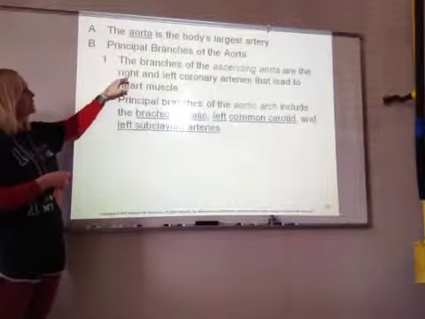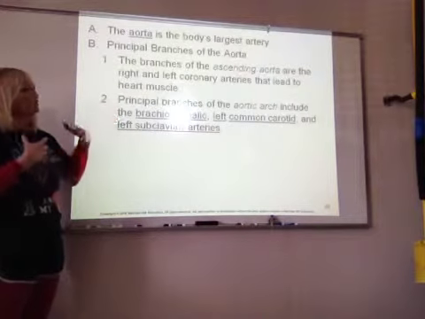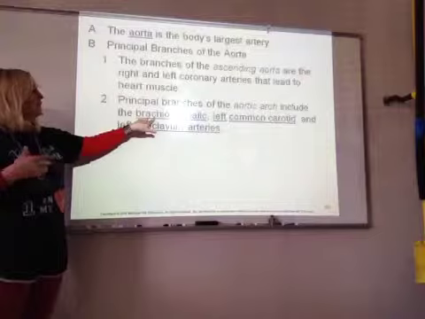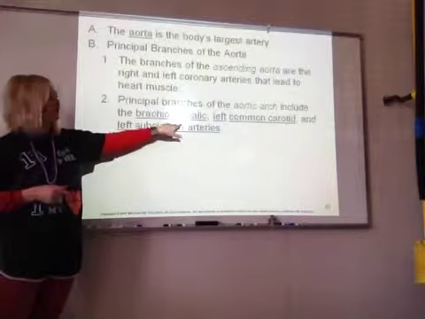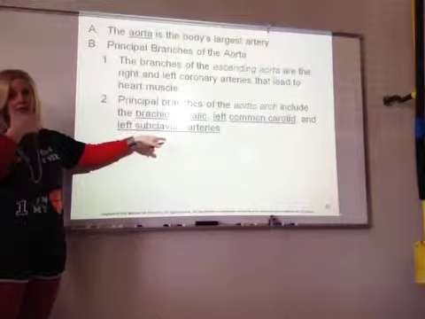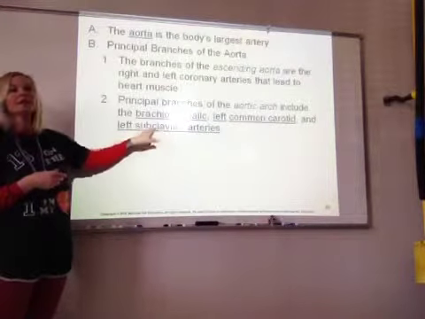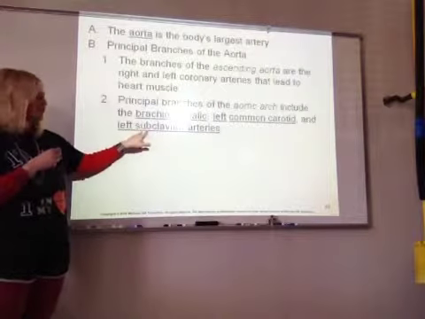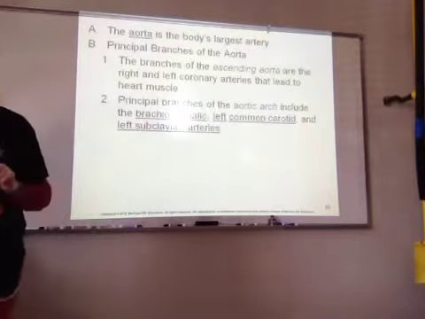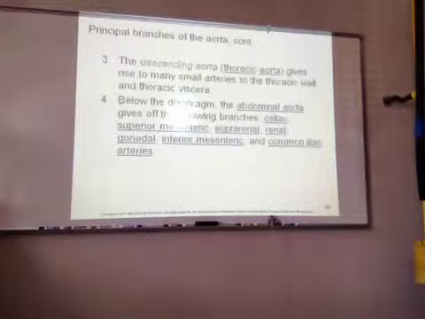It's going to go to your coronary arteries, the heart muscle, and then it's also going to go brachiocephalic, arm and head, left common carotid, carotid's going to go to your head, and then left subclavian, they sit right under your clavicle. And we'll have a diagram to look at those.